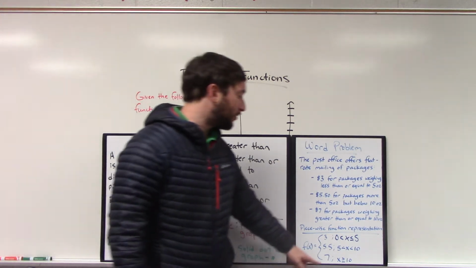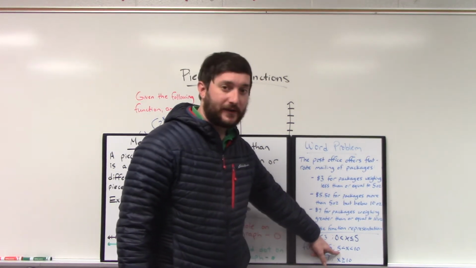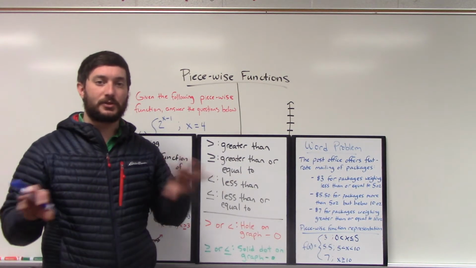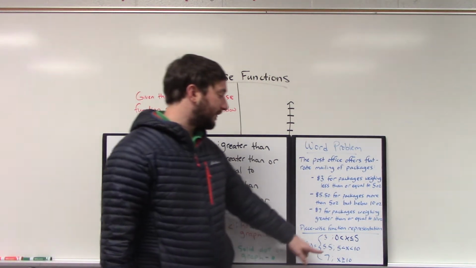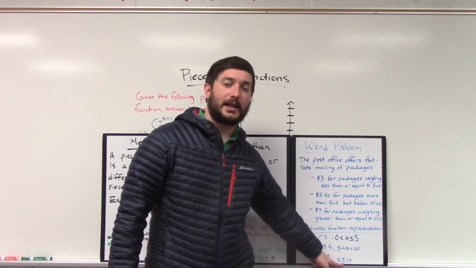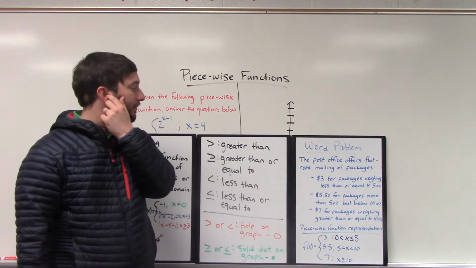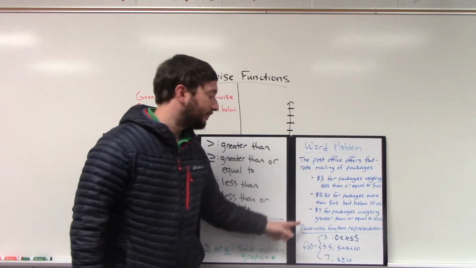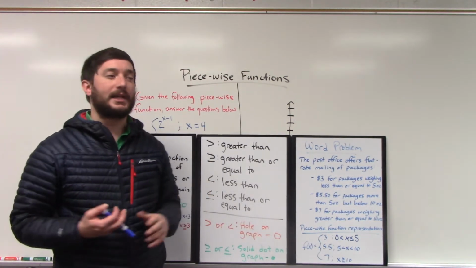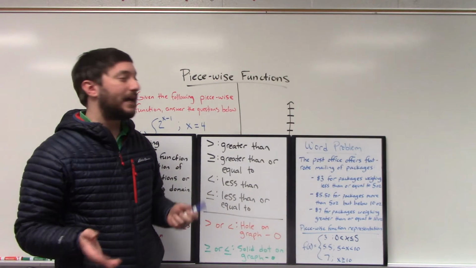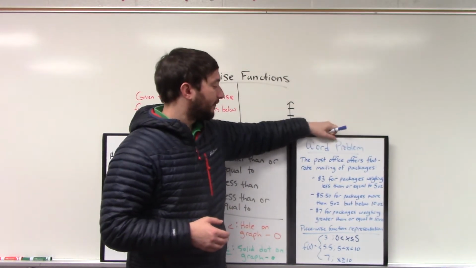Anything that is greater than 5 but less than 10, in between those two values, is going to cost $5.50. And anything greater than or equal to 10 ounces is going to cost you $7 to ship. So this is how you could use a piecewise function. It's all the same function, there are just different pieces that you could put together for this type of problem, and that you could graph, as we're going to see now.